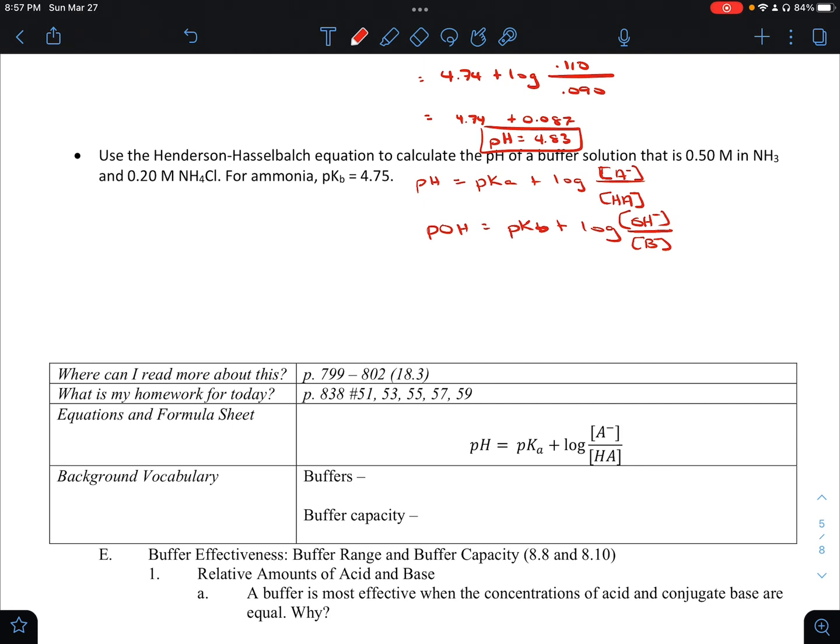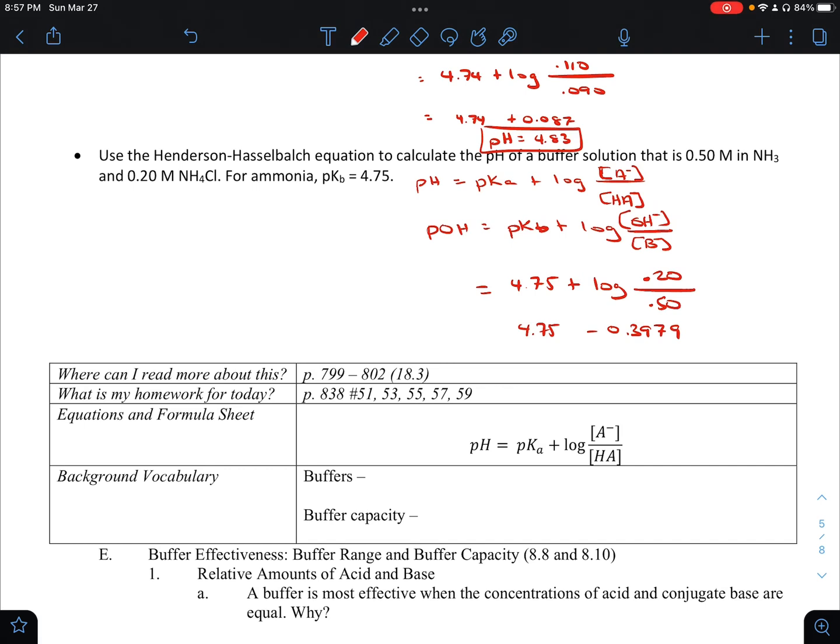So let's go ahead and plug it in. We know that that is 4.75 plus our log of 0.2 divided by 0.5, and that'll give it to us. This is going to be a negative 0.3979, and we're going to add 4.75 to it.